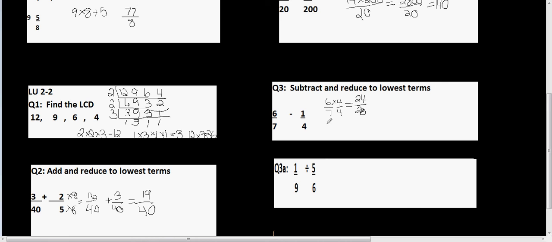Similarly, what you should do with the 1/4 is take 1/4 and multiply that times 7/7. And the resultant is 7/28.